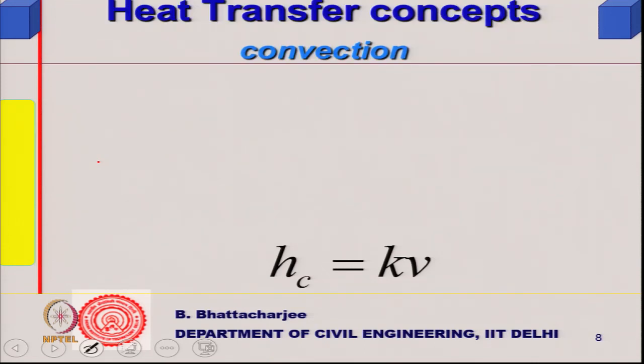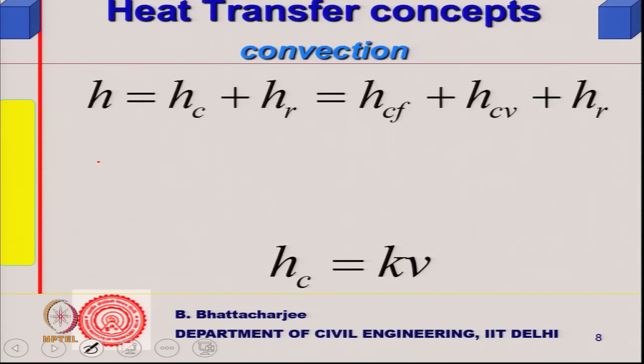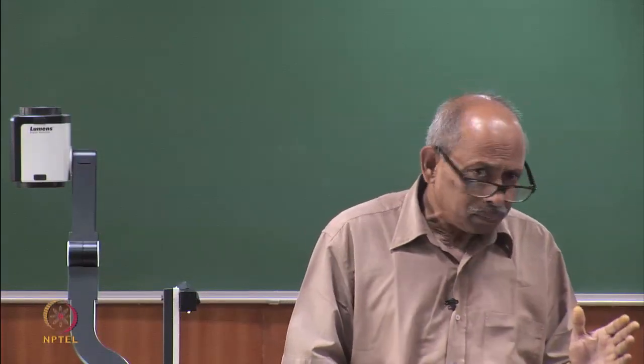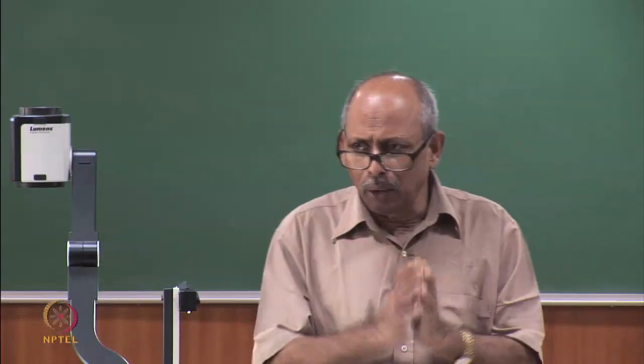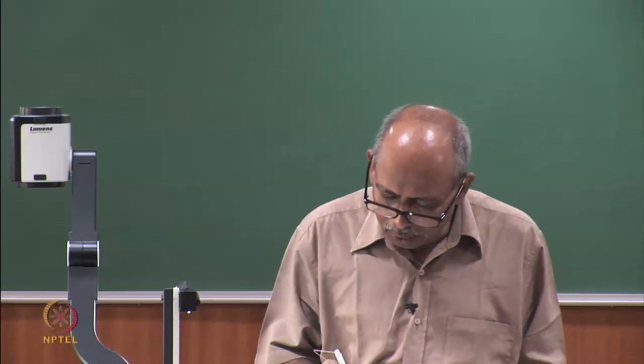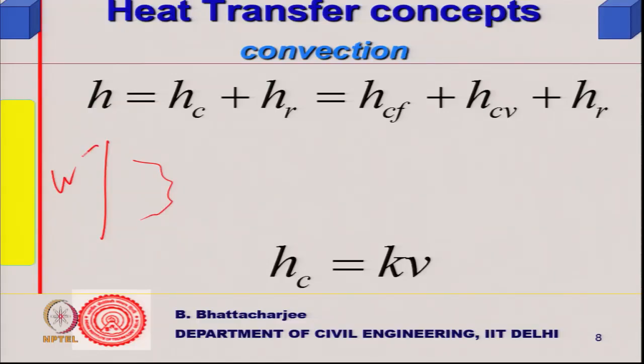Okay, convection, there are two parts. What I said was that it is a function of the temperature difference only, but supposing I have a wall and its surrounding, heat transfer will actually occur not by convection alone, but also by some radiation, because there is a temperature difference existing.